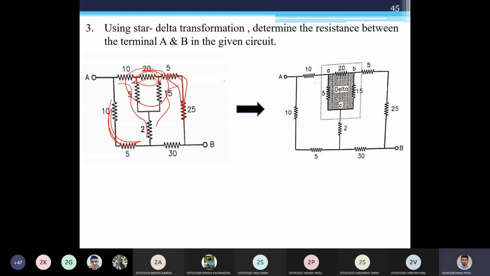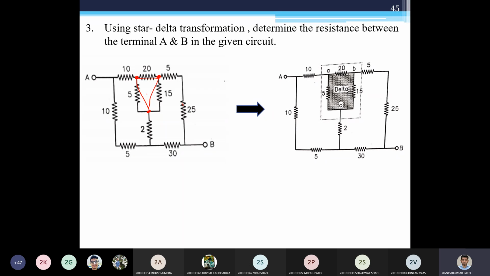Let me use the eraser. So these 3 points. This is my first point, this is my second point, and this is my third point. Now you can see there is this resistance, this resistance, and this resistance.